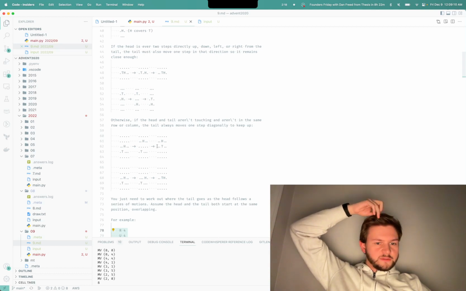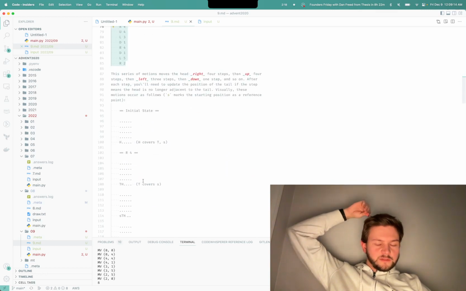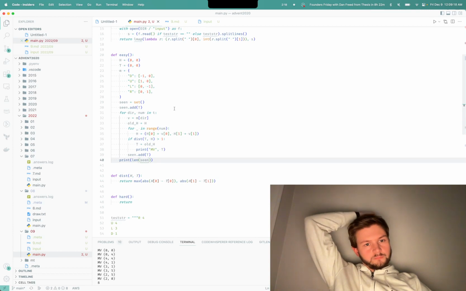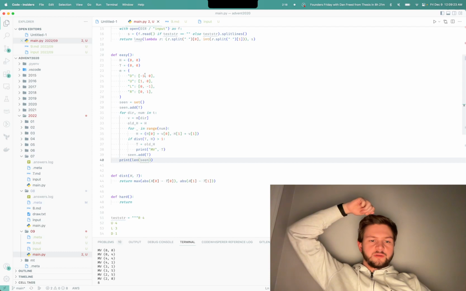I mean, I think here it would also move correctly. Head and tail are both. There's down, up, left, right. Head plus vector, head vector.